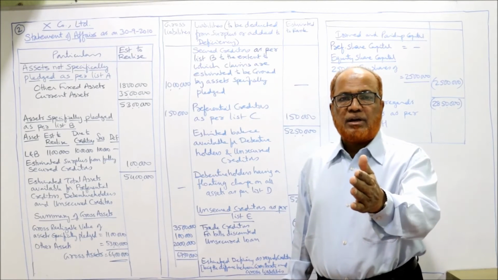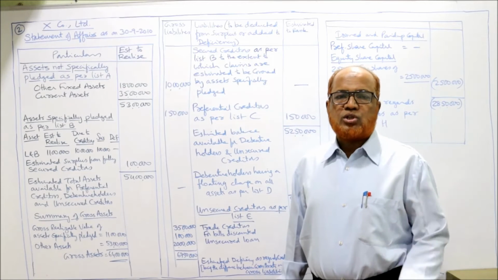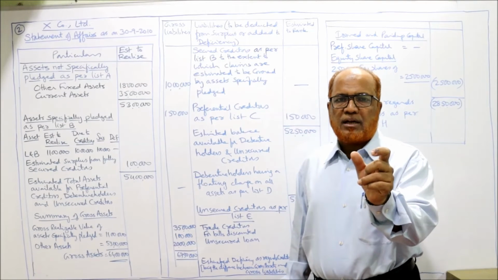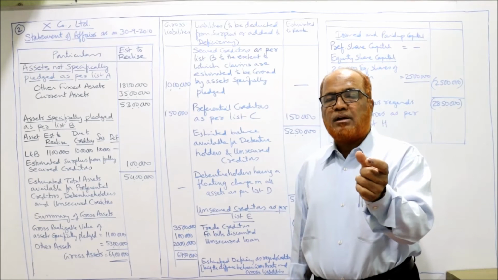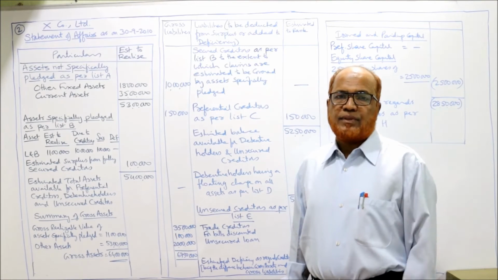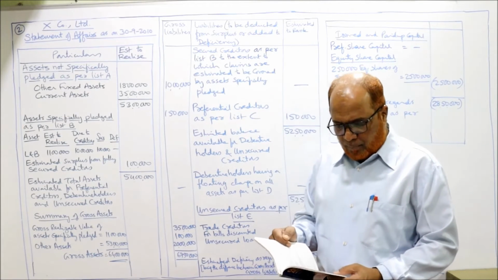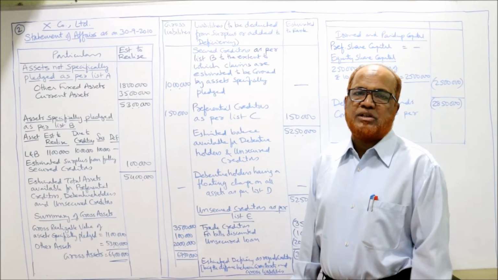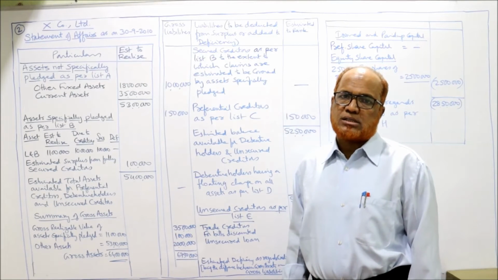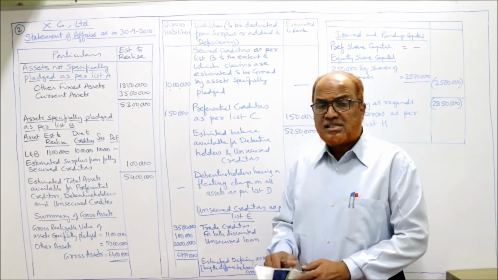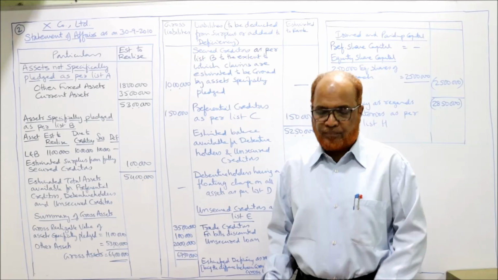Then that contingent liability will be treated as actual liability and should be considered. So as long as it is a contingent liability, do not treat it as a liability. If the problem says the contingent liability will become an actual liability, the company has to pay, then we must take it into account. So this liability for bills discounted 1 lakh rupees should be taken under list E, unsecured creditors. And for excise duty demand, this will be taken under preferential creditors.